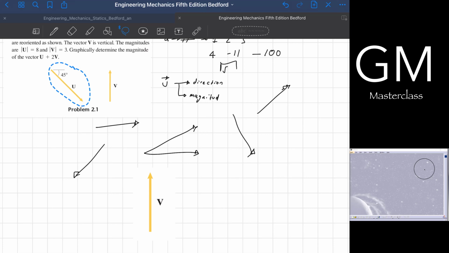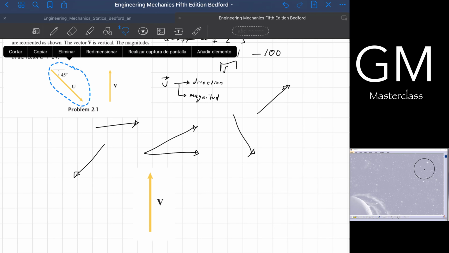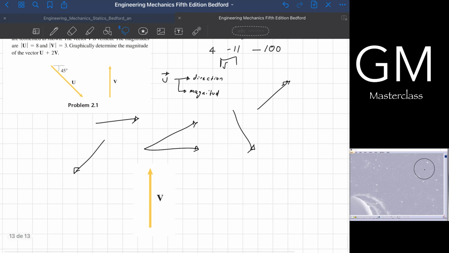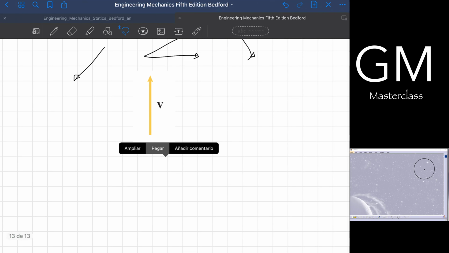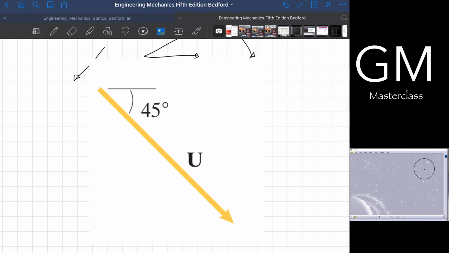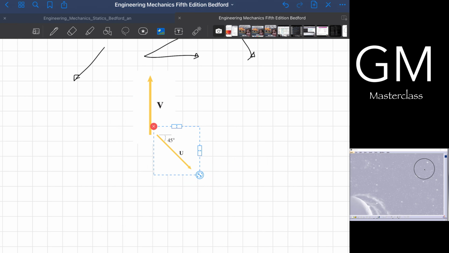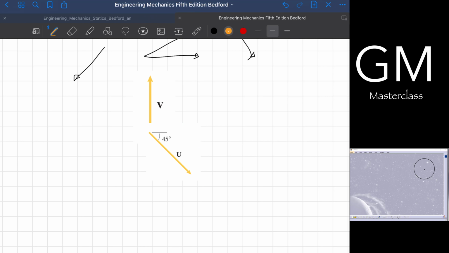And here I have the vector u. Copy and paste. I don't know if this is going to work, so bear with me. Well, kind of. Let me put these two together.